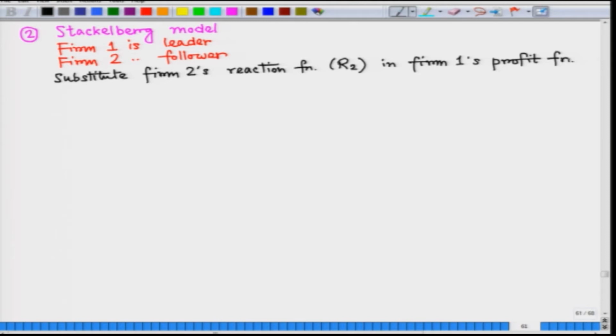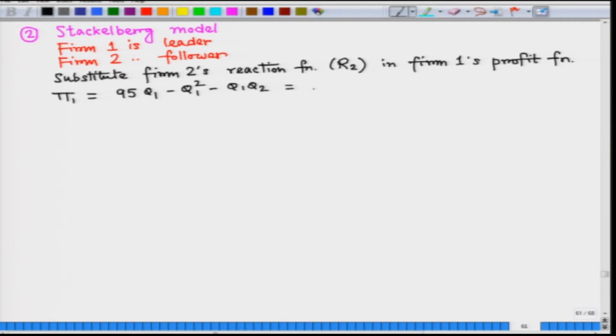Okay. So, here let us start with the profit function of firm 1 or the leader itself. So, we have this profit function from our previous derivations. Note that we are not changing any functions from the Cournot model, so that we can compare the two model outcomes. Actually, we are going to show that the Stackelberg model produces higher profit for the leader, that is our objective to show.